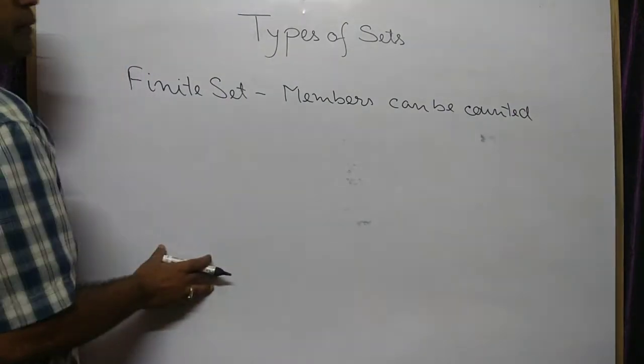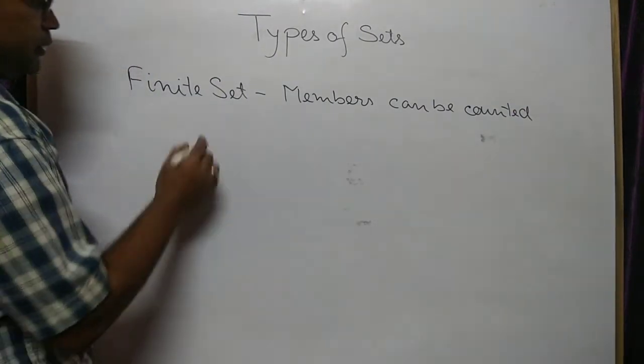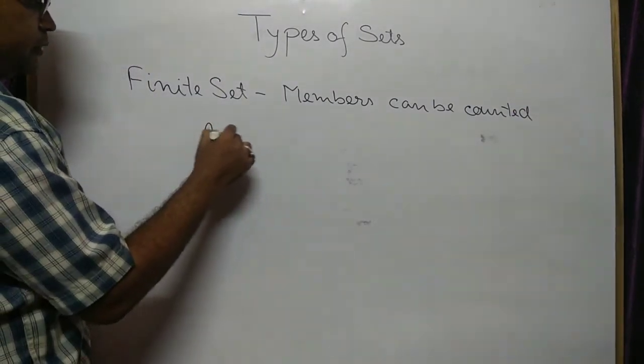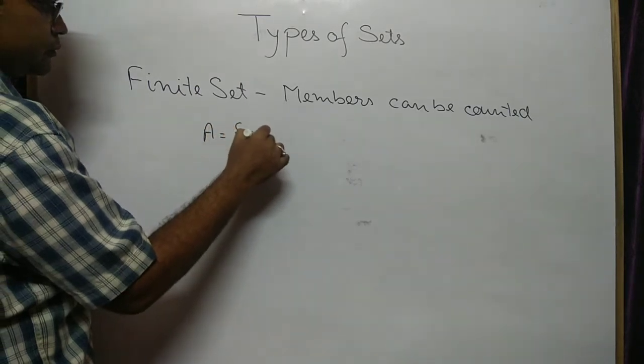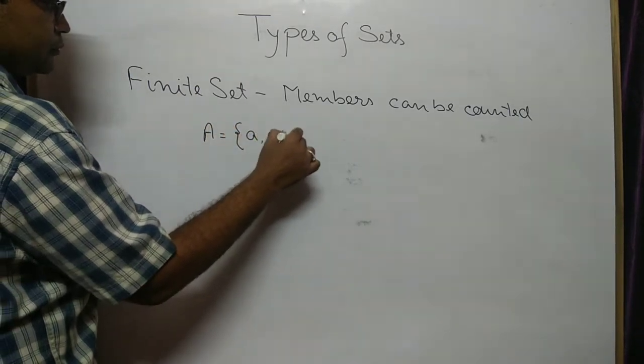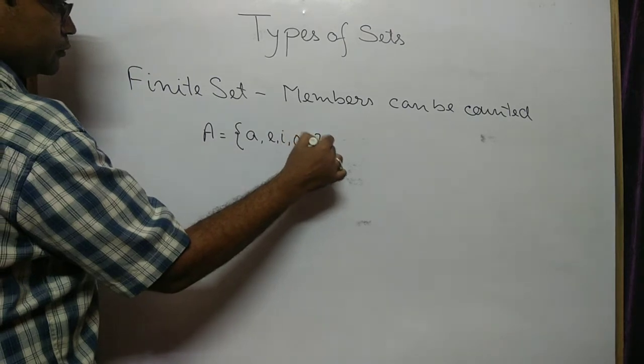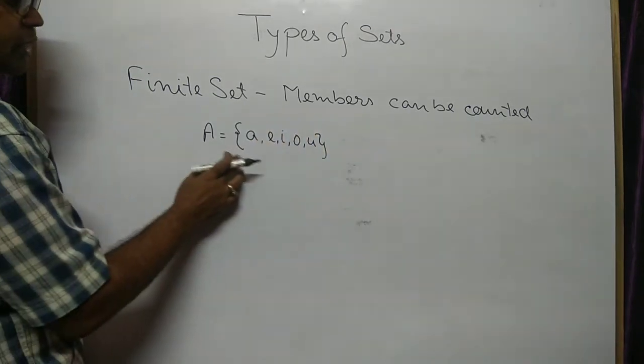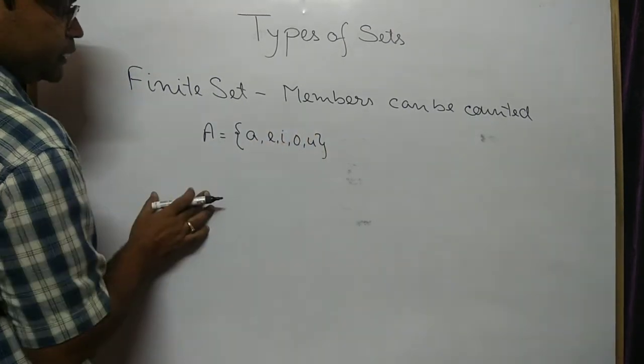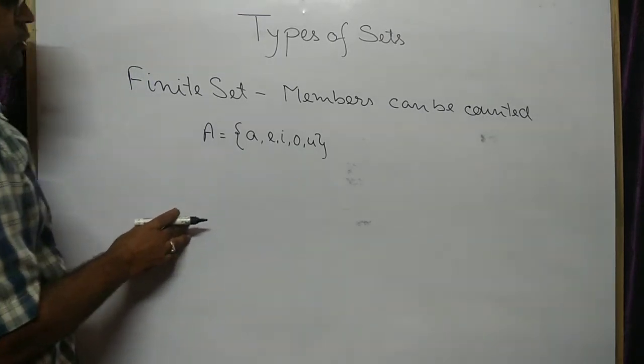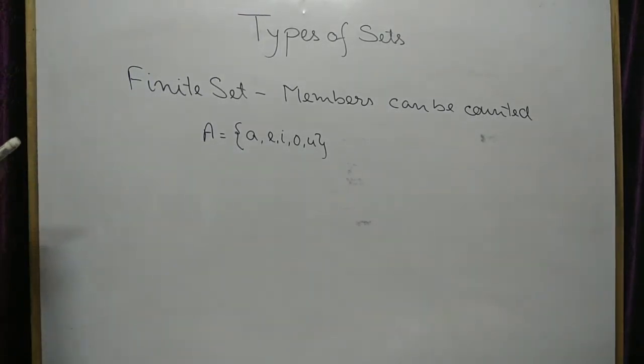Clear? Members can be counted. For example, the very common set of vowels. In this type of set, we can easily count the members, so this is known as your finite set.